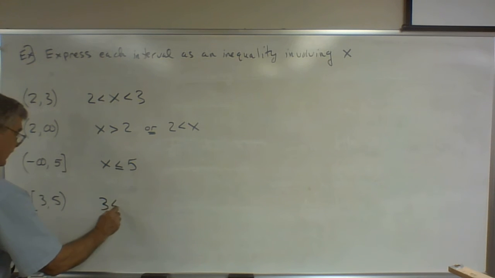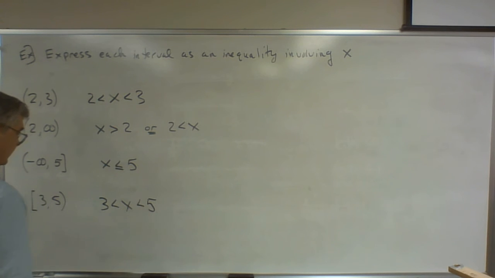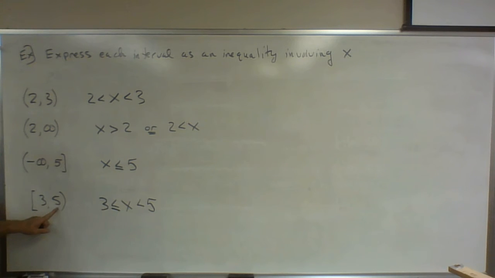So x is greater than 3 and x is less than 5. Can x be equal to 3? Yeah. This square brace says that x can be equal to 3. Can x be equal to 5? Nope. This is a round parenthesis. X can't be equal to 5. This is the inequality that's represented by this solution set in interval notation.